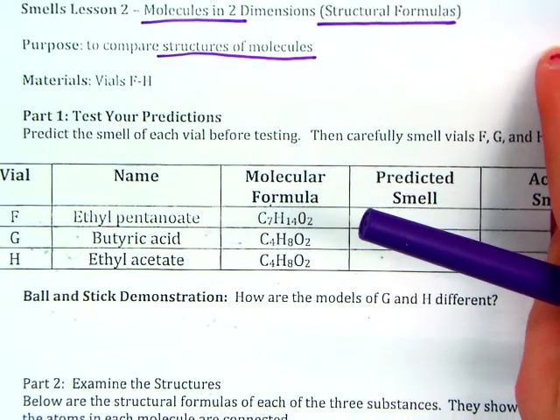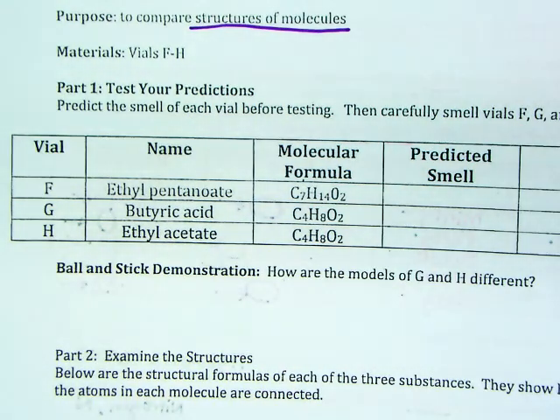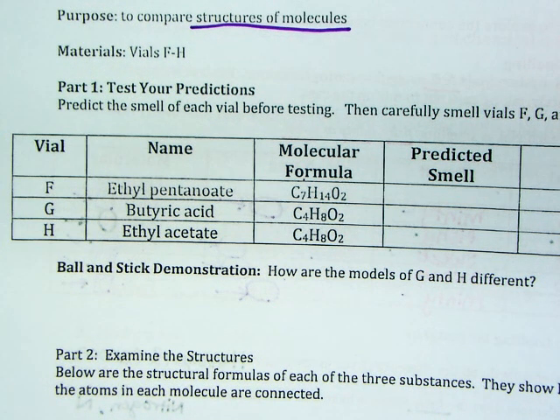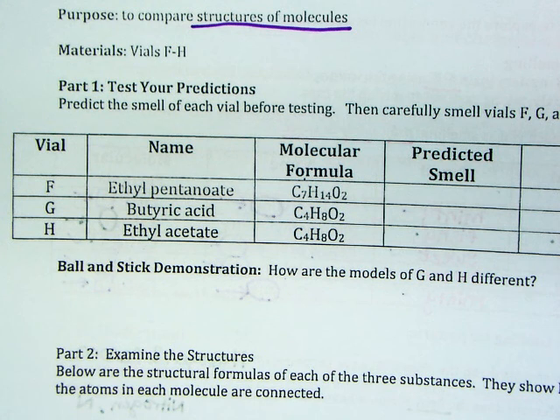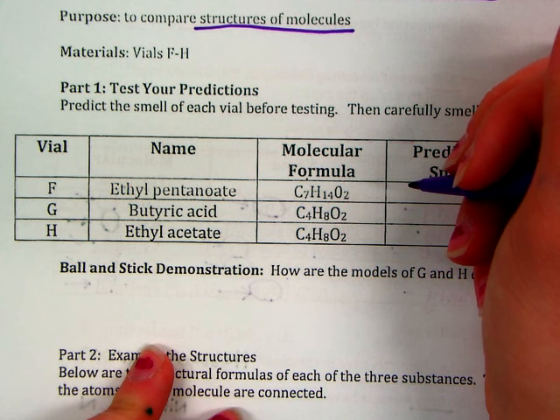Again, we're going to have 3 vials now that are going to have different smells in them, just like in Lesson 1. The vials are F through H. And so what you're going to do first is make predictions on what smell you expect the following vials to smell like. We may do this by looking at the different names or molecular formulas and going back to Lesson 1.